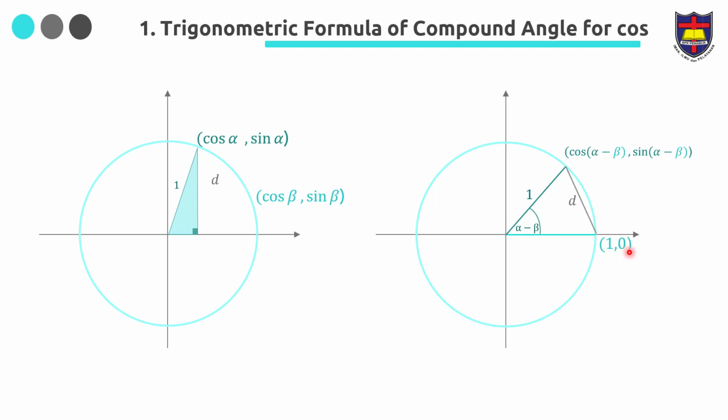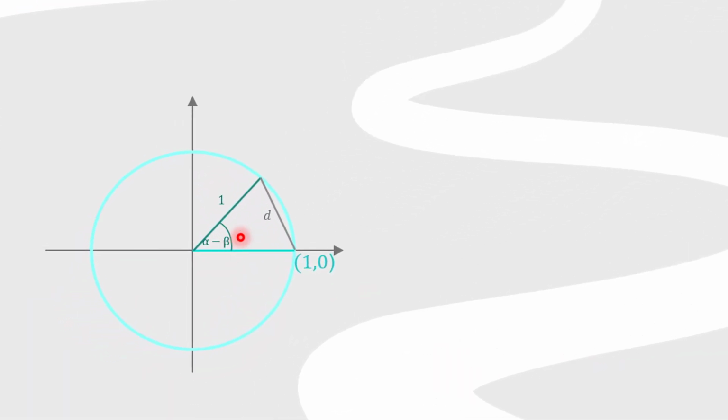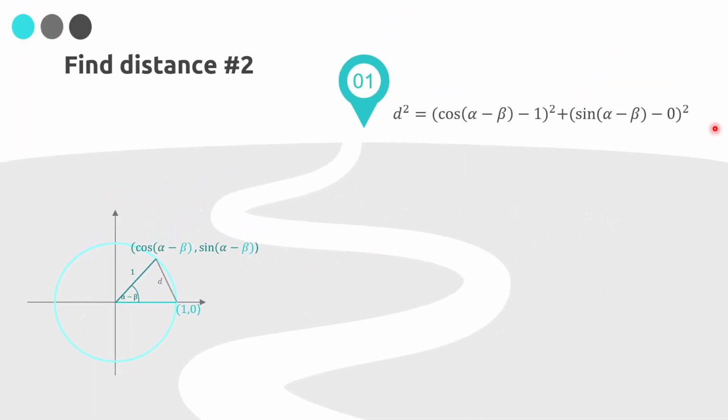So now we will try to calculate this distance again using these 2 points. In the same way, using Pythagoras, we will subtract the difference of x and also the difference of y. So we have (cos(alpha minus beta) minus 1) squared plus (sin(alpha minus beta) minus 0) squared.